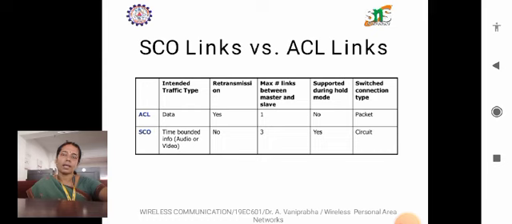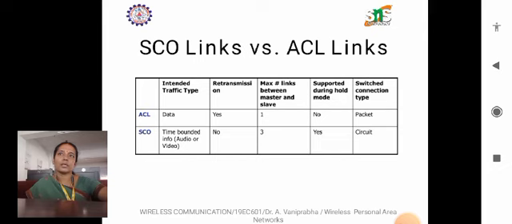ACL links are used for asynchronous communication, which is connectionless, such as data transfer between devices for file sharing, messaging, or internet connectivity. They support packet switched communication and allow for variable bandwidth usage. ACL links are more flexible compared to SCO links as they can handle various types of data traffic with different priorities.